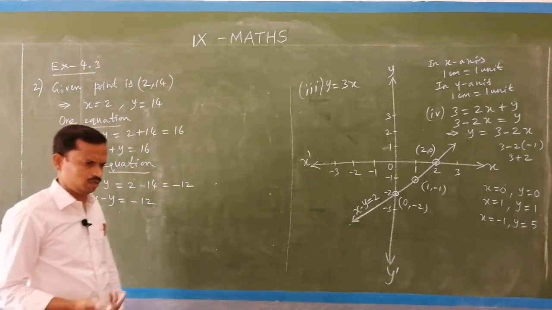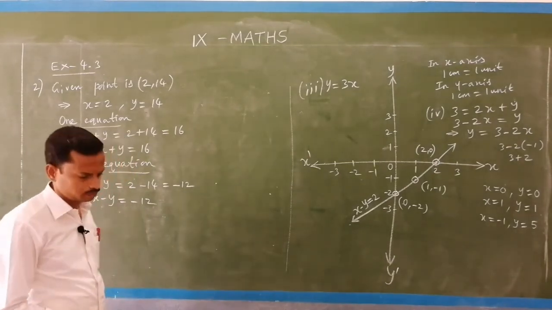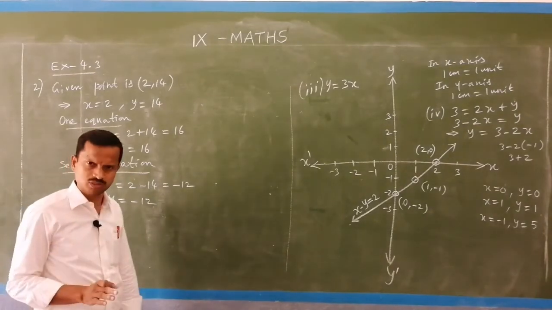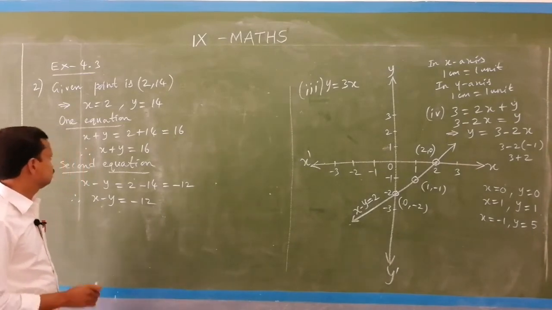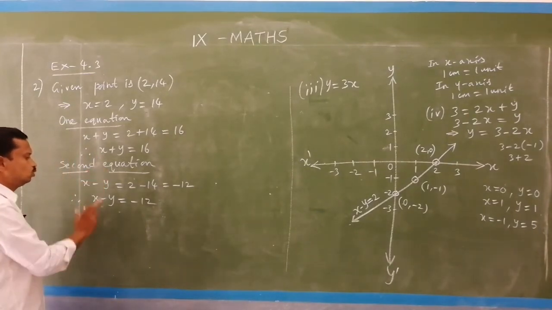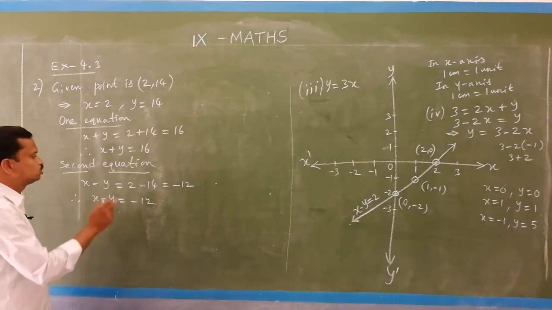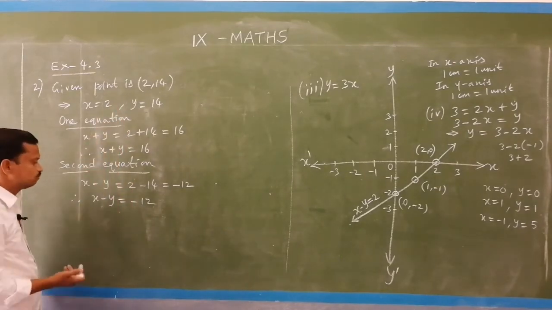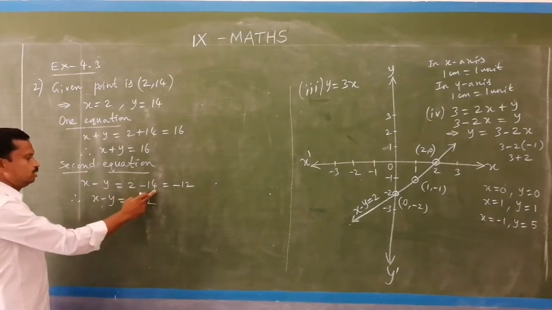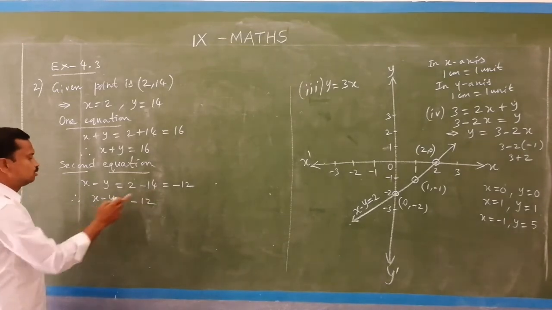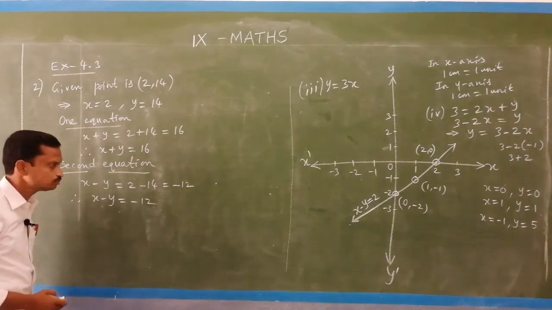You know, a linear equation in two variables, or any linear equation, represents a straight line only. So, here we found two lines which pass through this point, because if you put x as 2 and y as 14, then x minus y becomes minus 12.